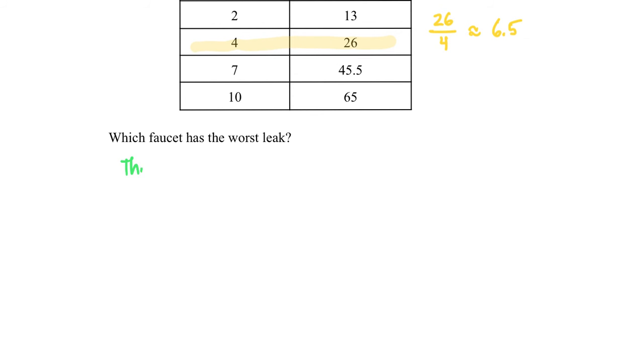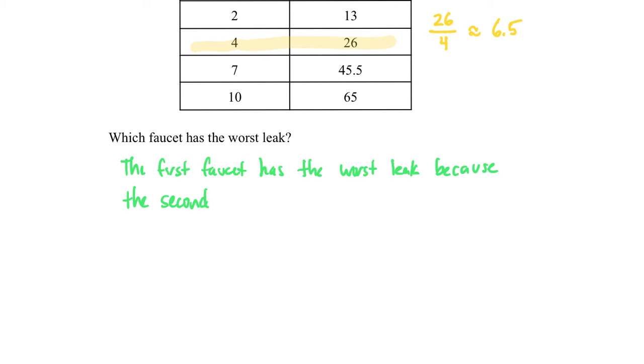So the first faucet has the worst leak because the second faucet is only leaking 6.5 gallons per day.